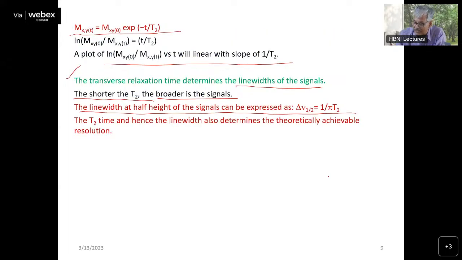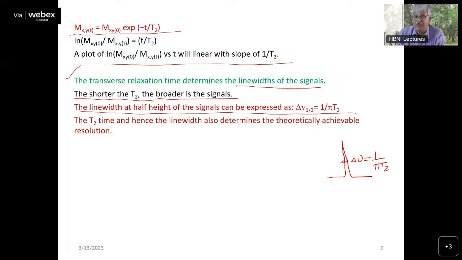Okay, so let us say you have a signal like this. So this delta nu is equal to 1 by pi T2.